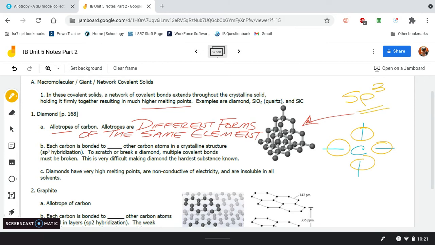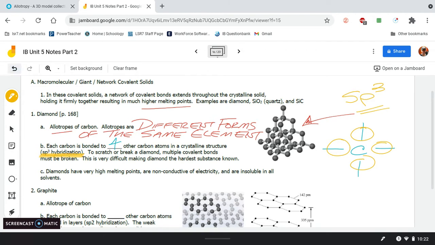If you look at B, it says each carbon is bonded to 4 other carbon atoms in a crystalline structure. You want to know this for the test. This is an sp3 hybridization, meaning that it's got more connections.